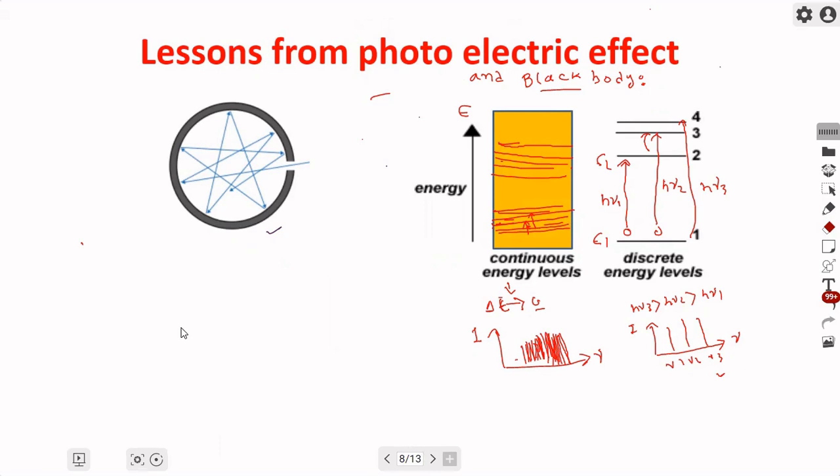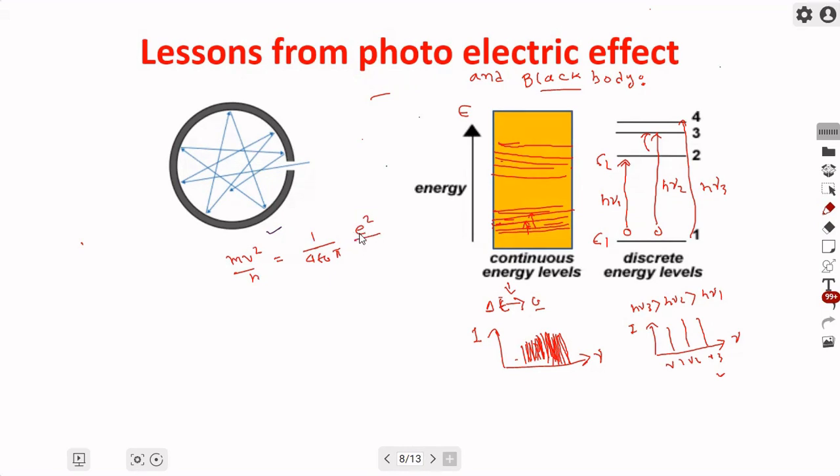From the Rutherford model, we need a mechanical force balance. So the centrifugal force is equal to the Coulombic attraction between nucleus and electron. Let's take the hydrogen atom, 1 electron, 1 proton.